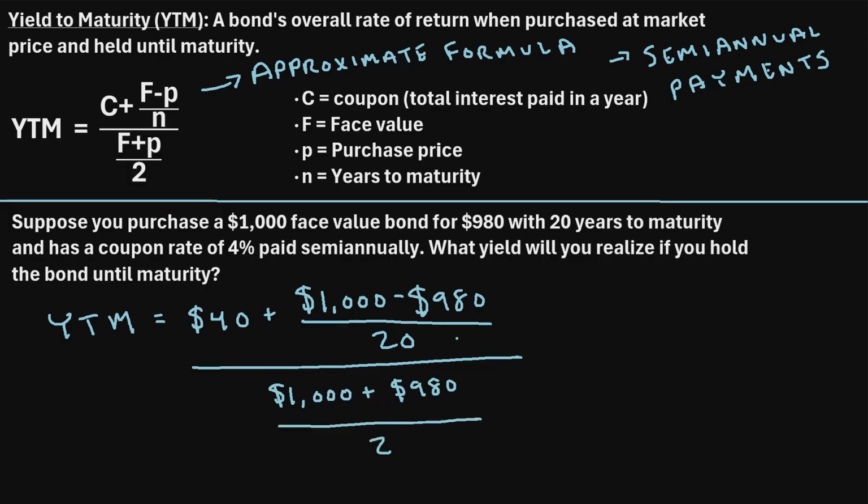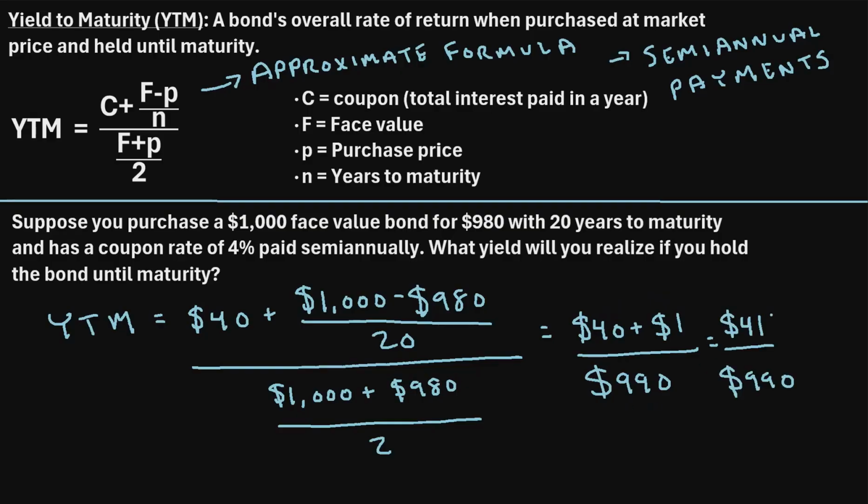Now, if we simplify this a little bit, here's what we get. So in the numerator of this fraction, we get $40 plus $1, and in the denominator, we get $990. So if we simplify that a little more, we get $41 divided by $990, and that turns out to be 0.04141.